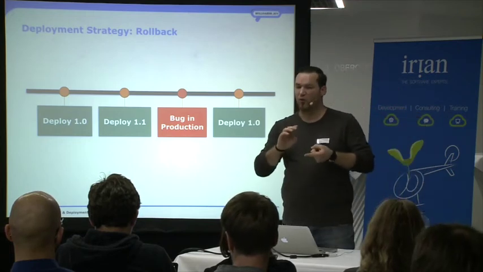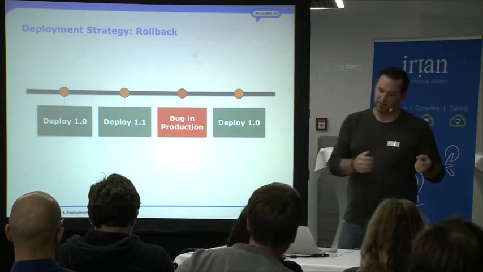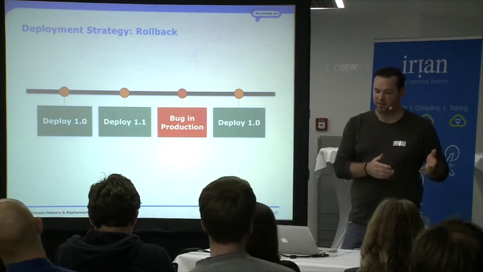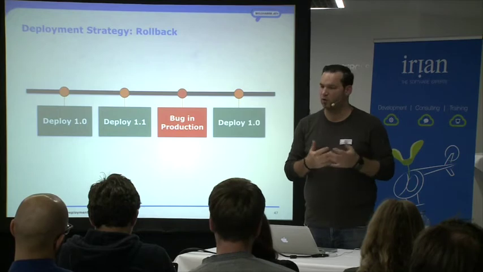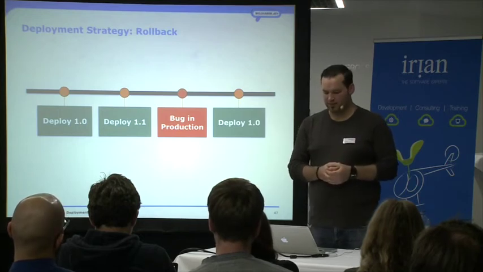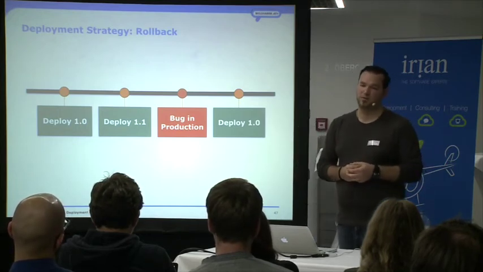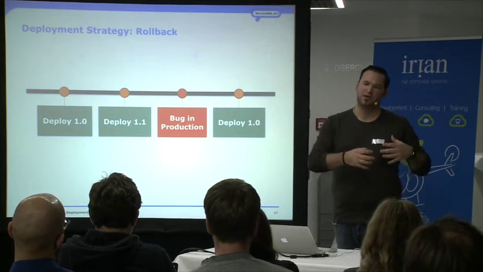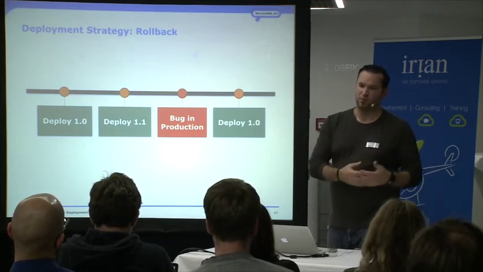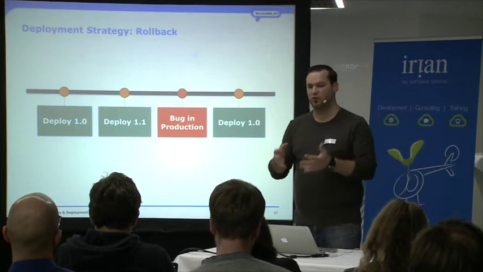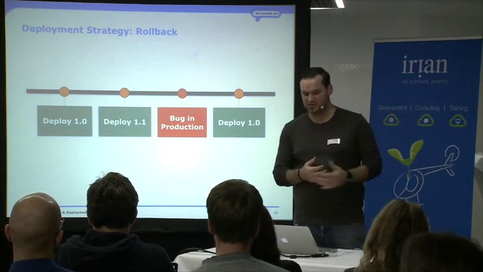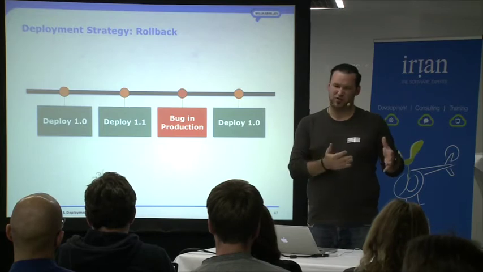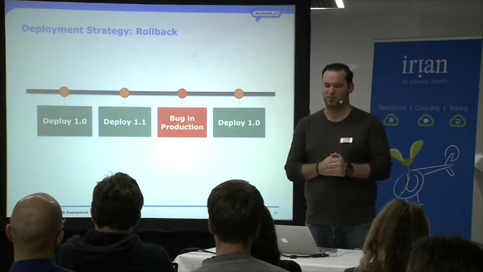So you either can roll back your software version, so you can go back a step and deploy version 1.0 again, because you know that this version is working and you're happy with it. But this brings also a lot of problems. If you do some kind of database migration, so you migrate your database to a new version, you drop some columns, you add some new columns, you do some indices, then rolling back all of those changes is extremely expensive.